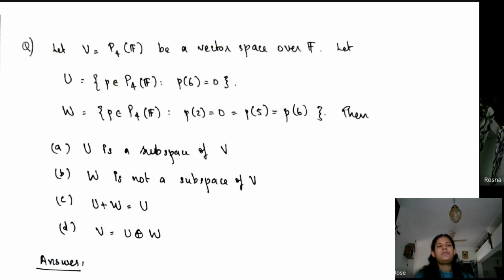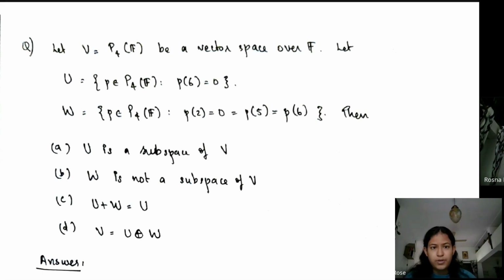Okay. Let V be a vector space. So this represents a collection of all polynomials of degree 4 over a field F. Then let U and W be two collections of vectors. The question is whether they are subspaces or not. U is the collection of all polynomials such that P of 6 equals 0.